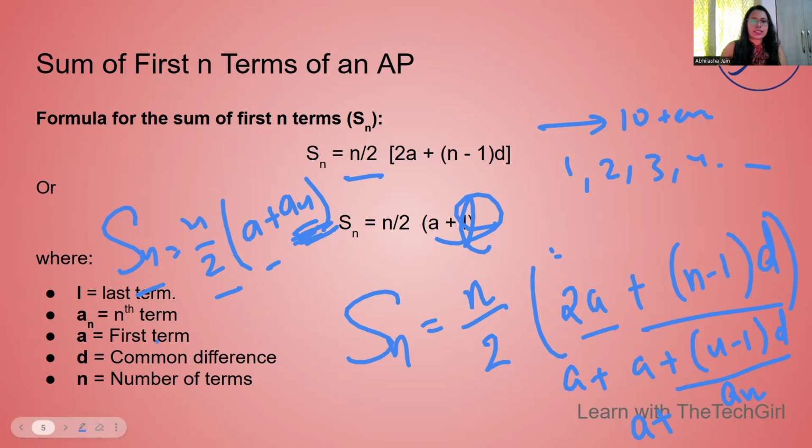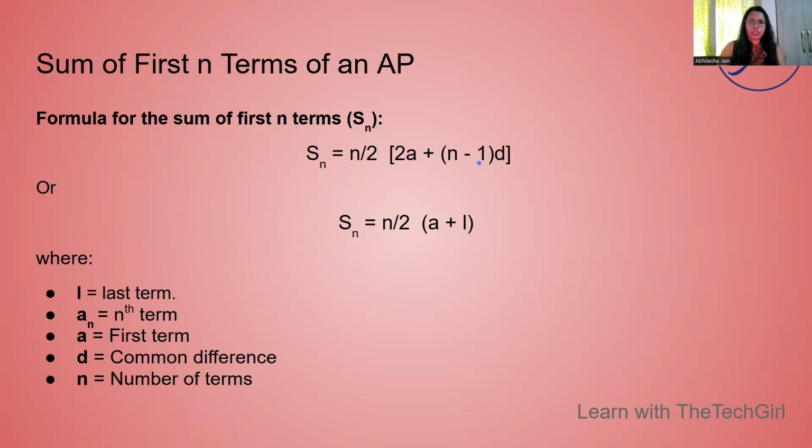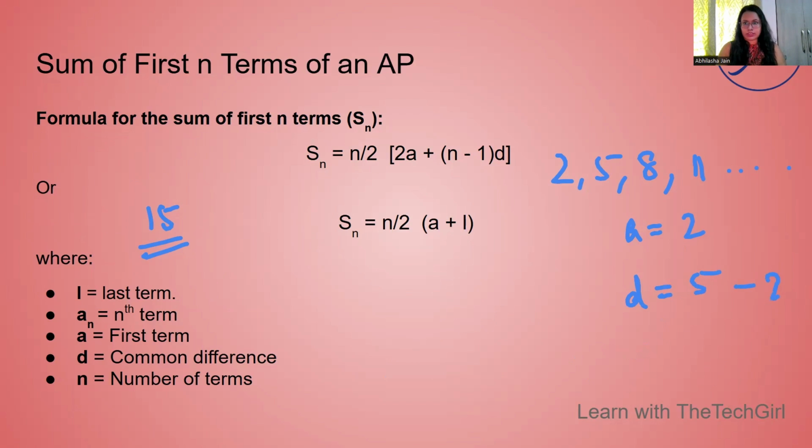Okay. So let's see an example. So you have a series 2, 5, 8, 11. Okay, you have to find the sum of first 15 terms. What are you going to do? Firstly, identify. a is your 2. d is your 5 minus 2, which is 3. And n is 15.